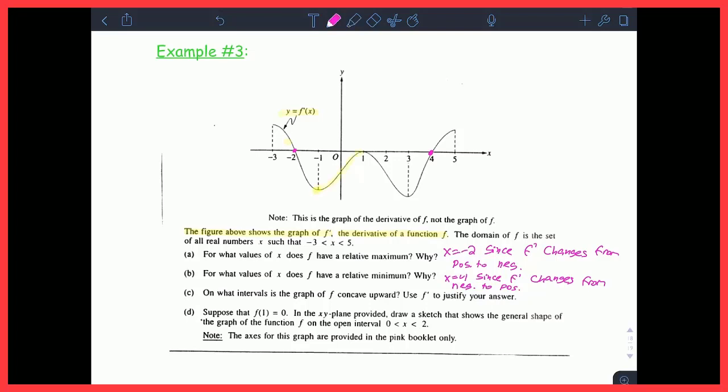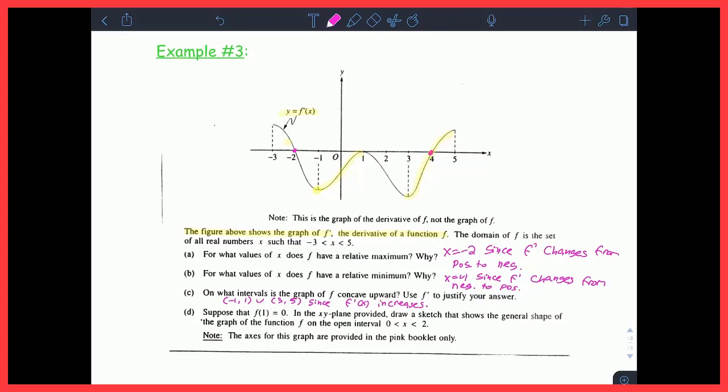So -1 to 1, union, and I'm also going to increase again beginning at 3 and working my way to 5. So 3 to 5, since f prime of x increases. The first derivative increasing shows me where the second derivative would be positive, aka concave up.